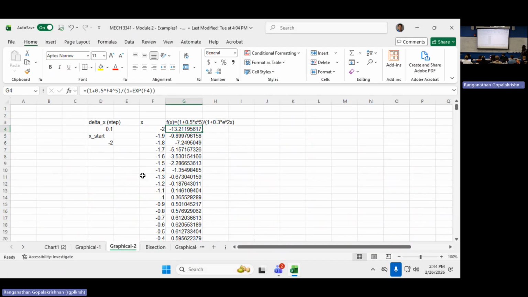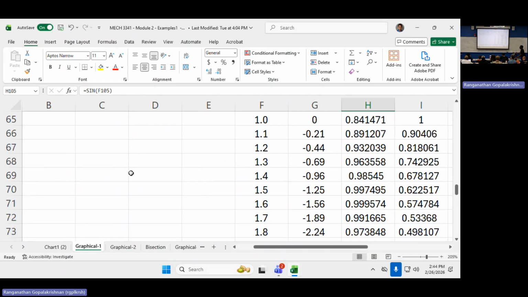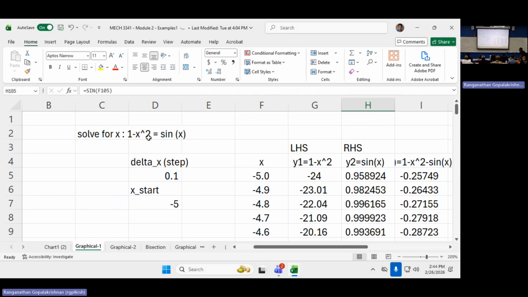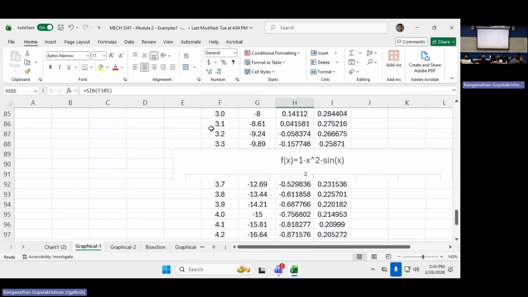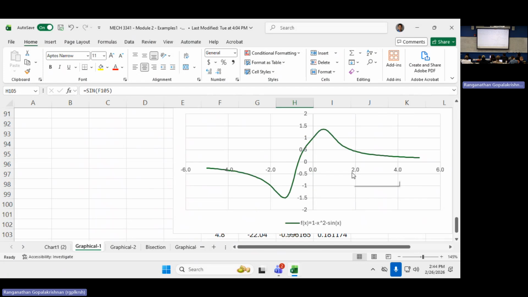So if I go back here, this is my implementation of the graphical method of this function, 1 minus x squared minus sine x equal to 0. I generated data between -5 and +5 and did a plot here.